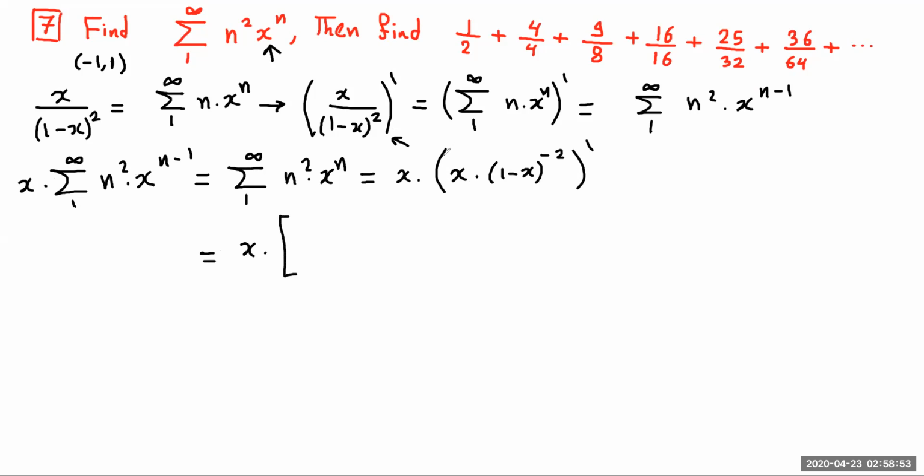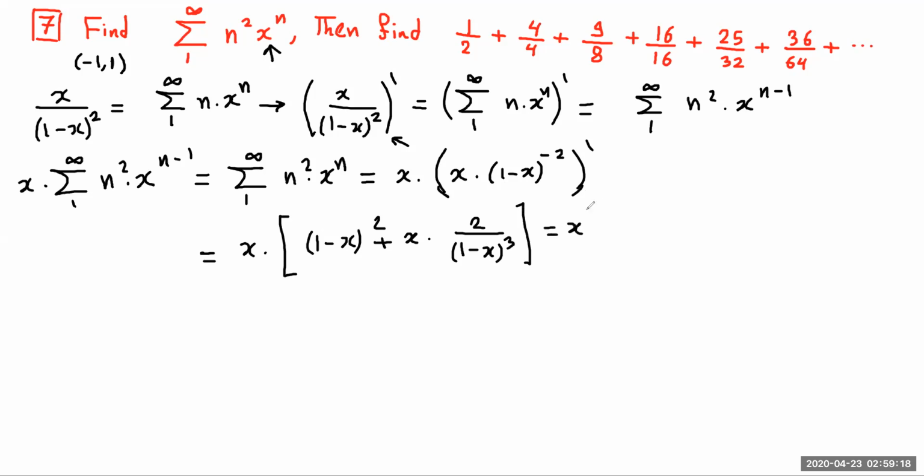I will write big parentheses for this. The derivative of the first, the derivative of x is 1, times the second, (1 minus x) power 2, plus x, the first, times the derivative of the second, which we calculated before, is 2 over (1 minus x) power 3.